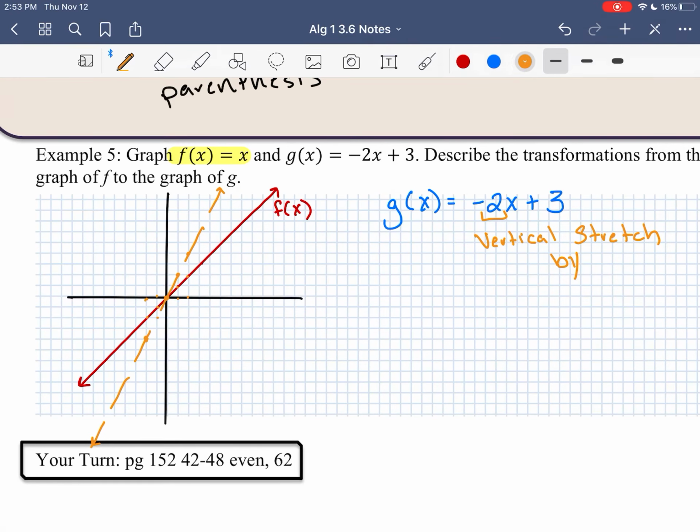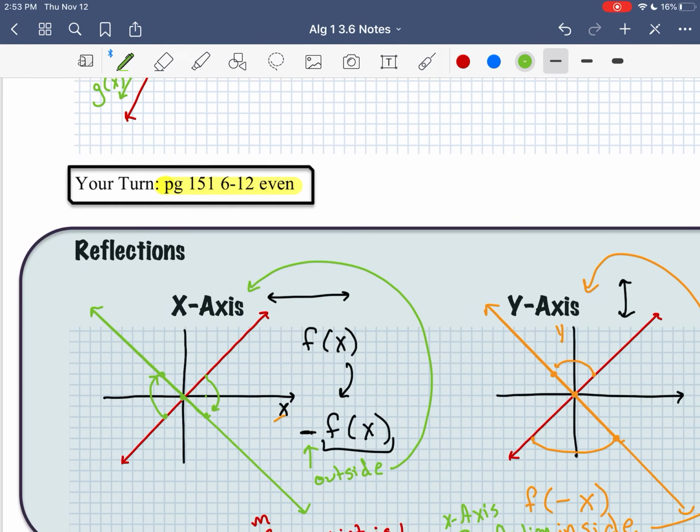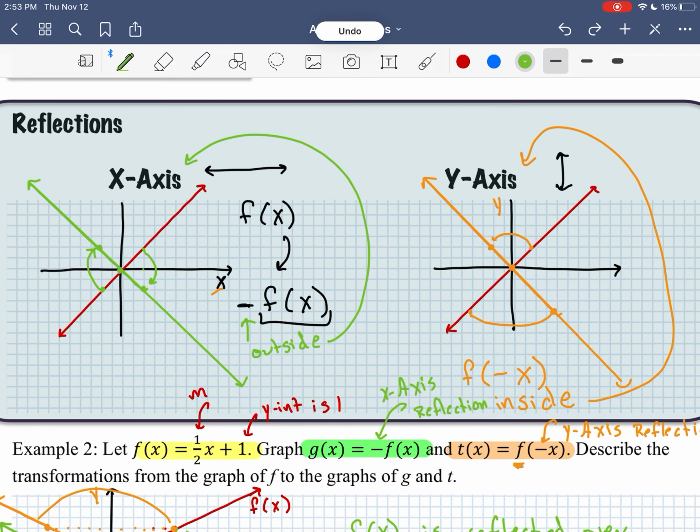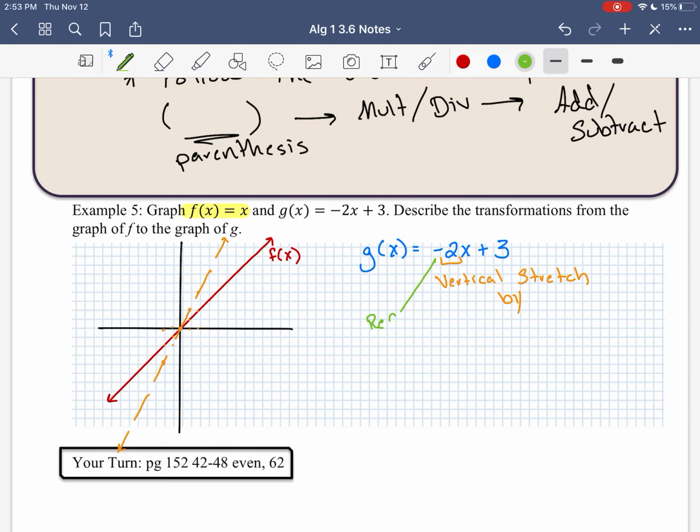We haven't dealt with that negative yet. We've got that negative out front there. If you don't remember, let's go back to our reflections. That negative's out front, which tells me it's going to be a reflection in the x-axis. So I need to reflect these points down. I'm reflecting the orange now, because we went from blue to red, to the orange, and after orange, now we're going to do a new green.